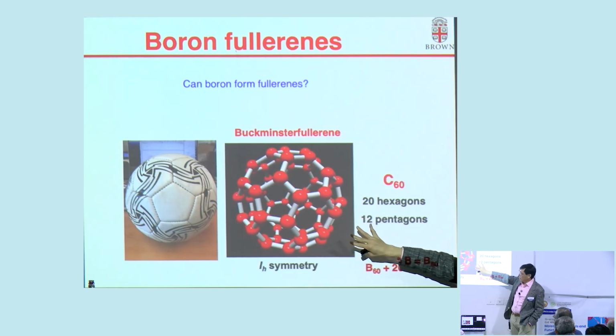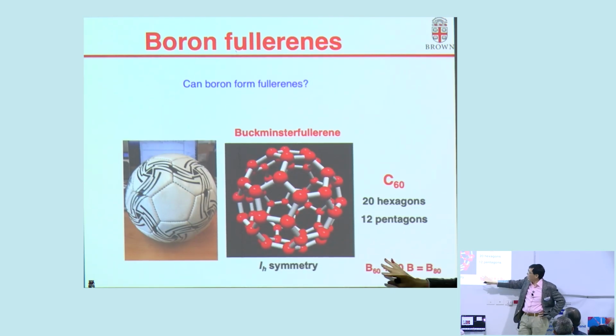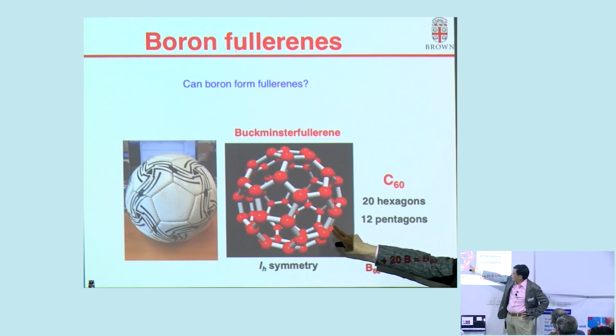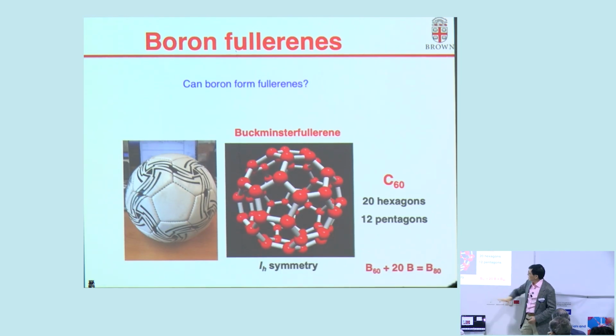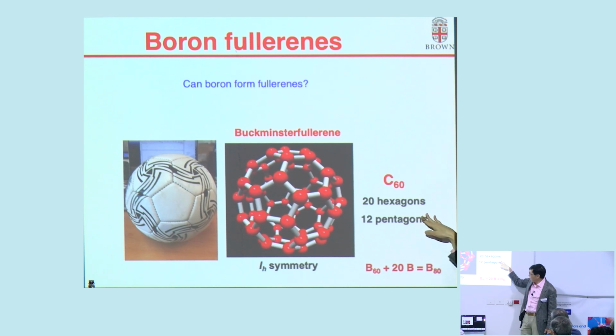So what about fullerenes, right? We can make borophene, which is like graphene. Can we make boron fullerenes? This is the structure of a Buckminster fullerene. You have 20 hexagons and 12 pentagons.